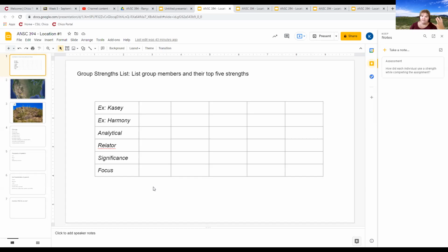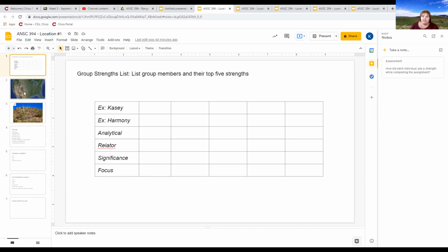We're going to preface and start this lab with Strength Finders, and we're going to end the lab with Strength Finders too. This is all to make you aware not only of your strengths and how you function best, but also of the different members you're going to have to work with through the semester.